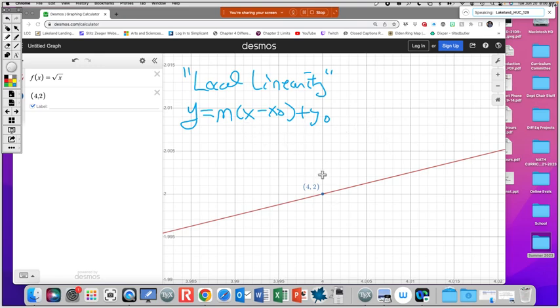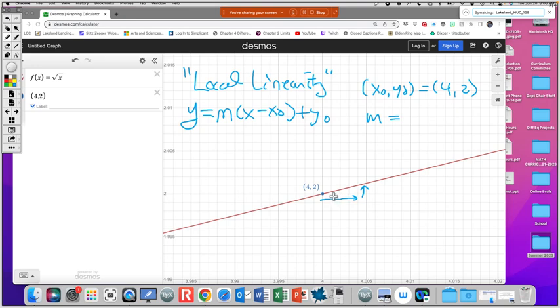The point I have, I've got the point 4, 2. So in my scenario, the x naught, y naught here is 4, 2. And what's the slope? Well, we can kind of approximate the slope looking at the picture, can't we? All right. So looks like I'm going over and then up.